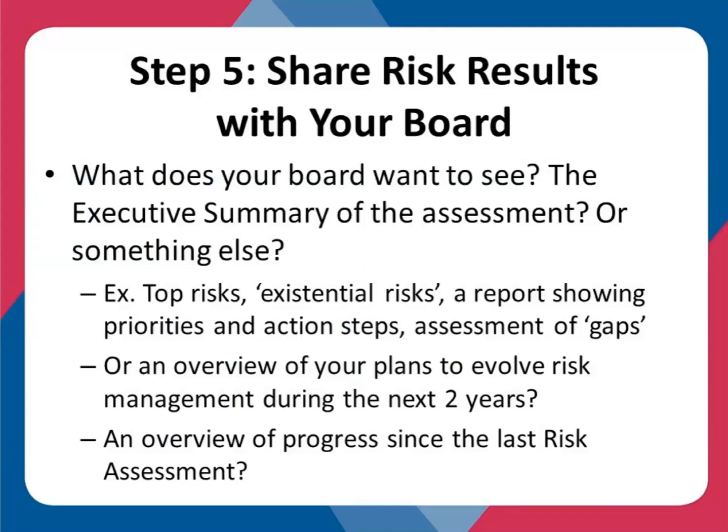Would it make sense to share an overview of how we're going to strengthen and improve risk management over the next 2 years? Would it make sense to share an overview of the progress we've made since the last time we did a risk assessment, right? So there are so many interesting possibilities in terms of how you share the risk results with your board, what you share, how you frame it, and how you engage with them.